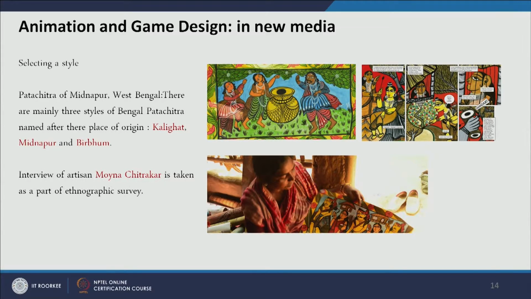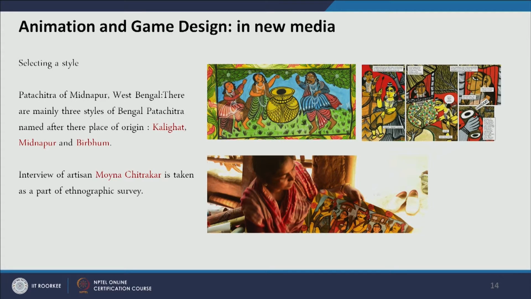There are three different styles of Patachitra in Bengal. One is the Kalighat, where urban Kolkata is the center, and the other two are Midnapur and Birbhum. Midnapur and Birbhum Patachitras are mostly similar in style, but Kalighat Patachitra is very different from Midnapur Patachitra.